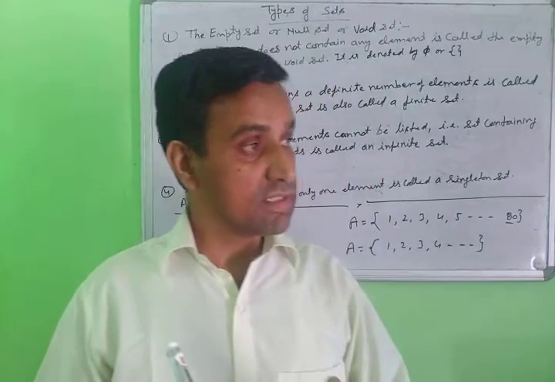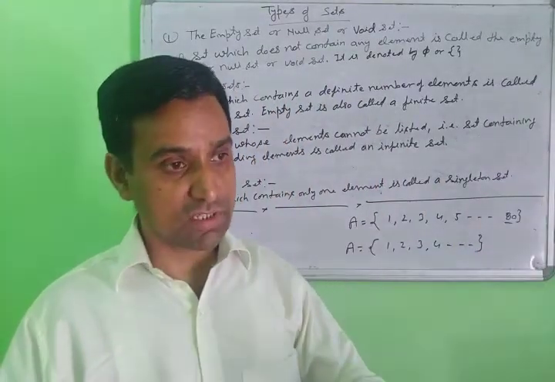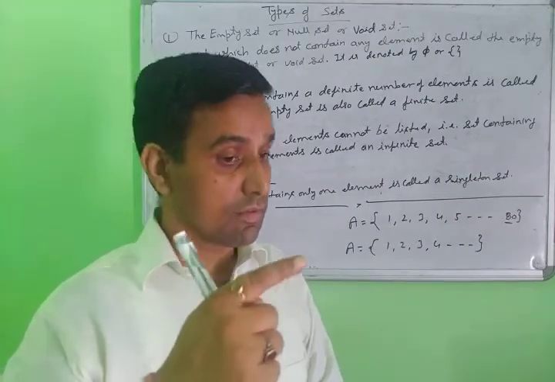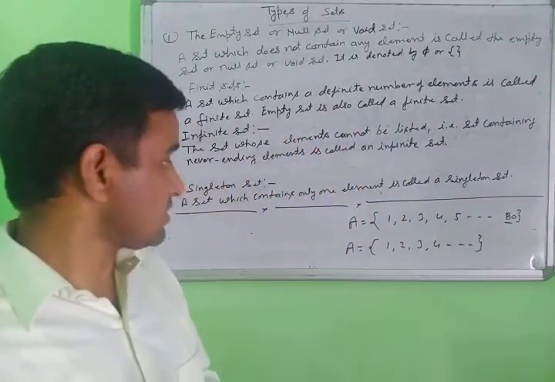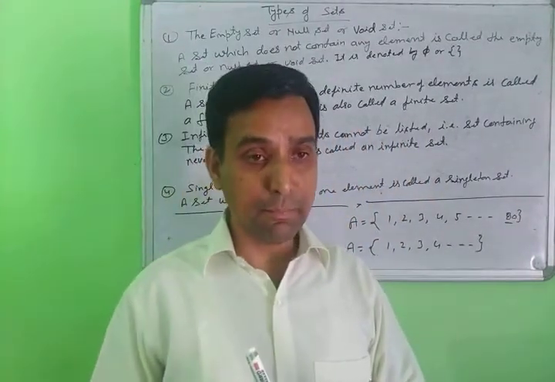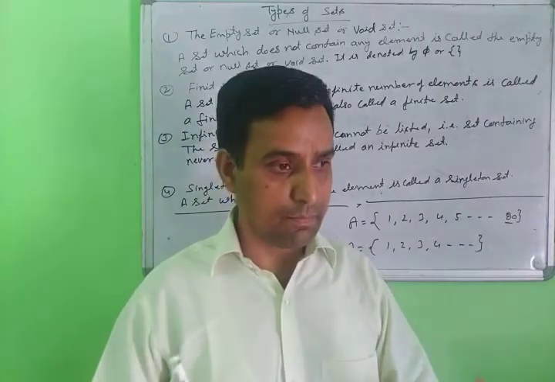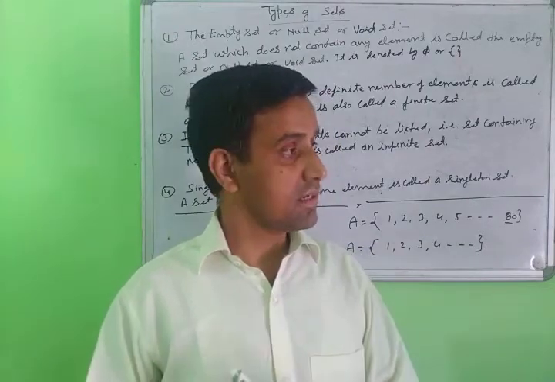Suppose the set is given in set builder form and the question is to convert it into tabular form, this is not possible, because between each pair of real numbers there are infinitely many members.